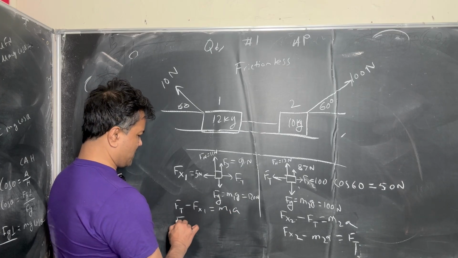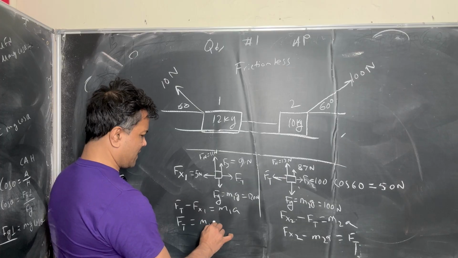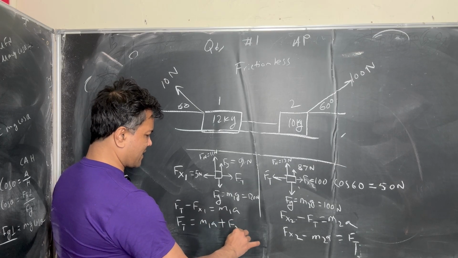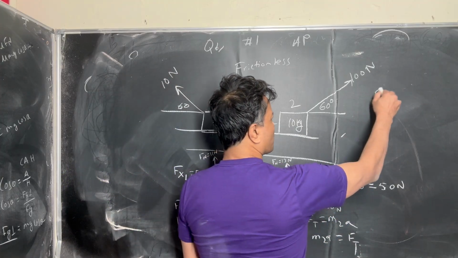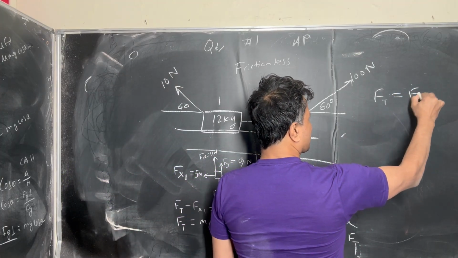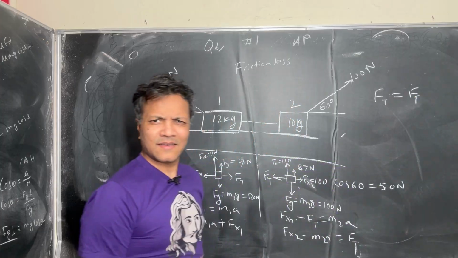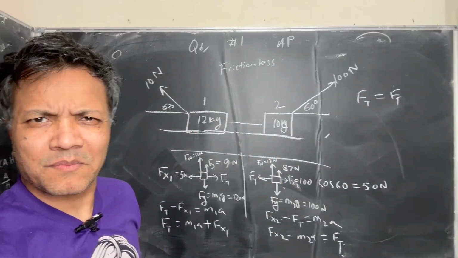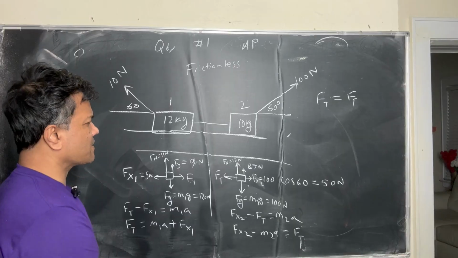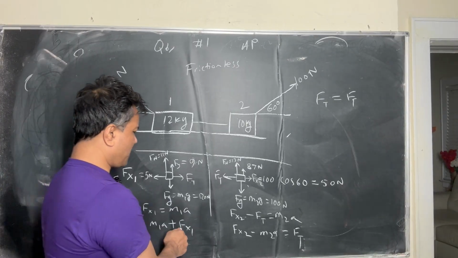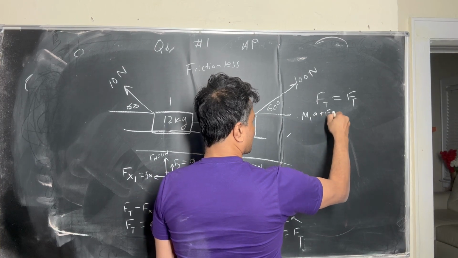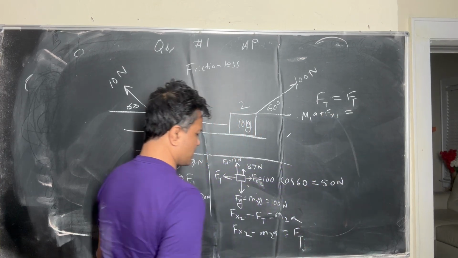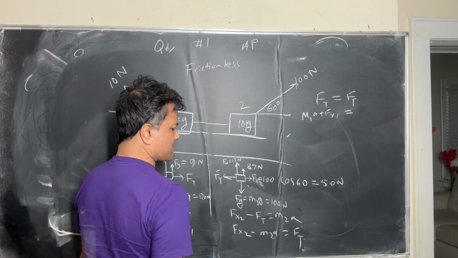So Ft is equal to m1a plus Fx1. Okay, so you're going to say Ft is equal to Ft. Hopefully you see my handwriting over there. So I'm going to move it this way: m1a plus Fx1 is equal to Fx2 minus m2a.